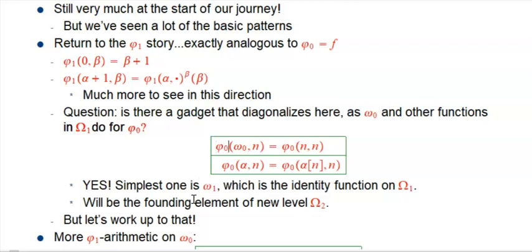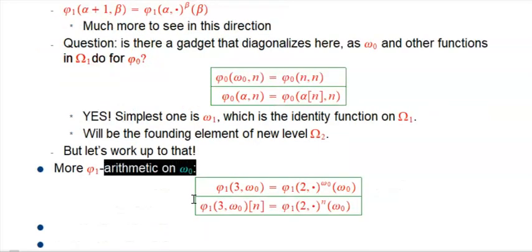At the big omega 2 level, we need to really figure out more fancy phi 1 level arithmetic on omega naught, because that's going to be how the next level of diagonalization will have to unpack. So we're not quite ready for that.